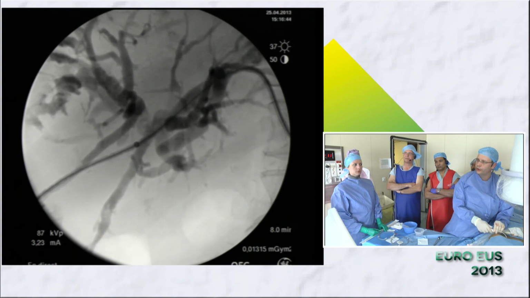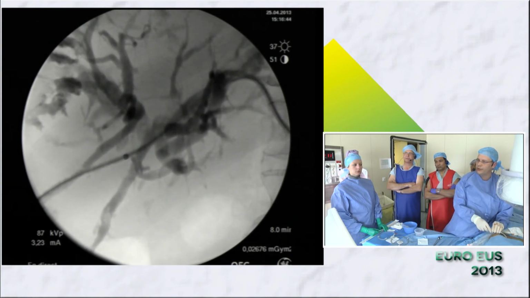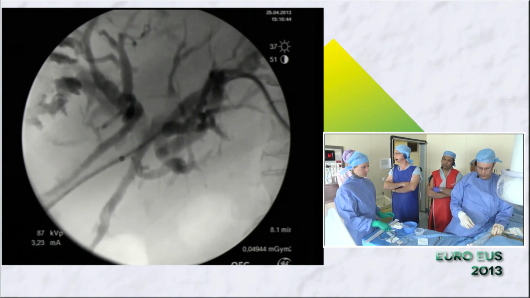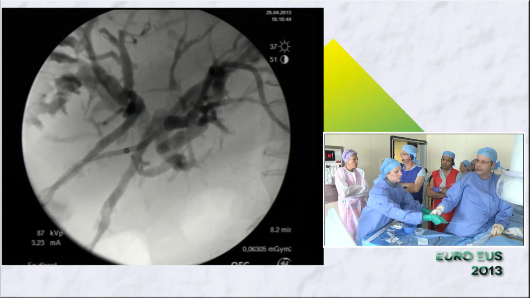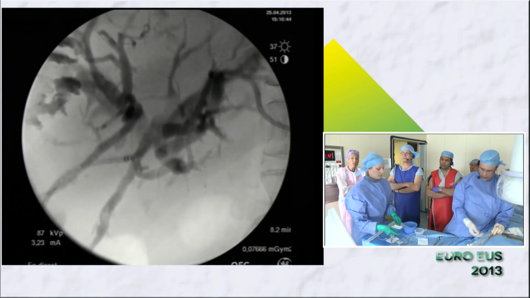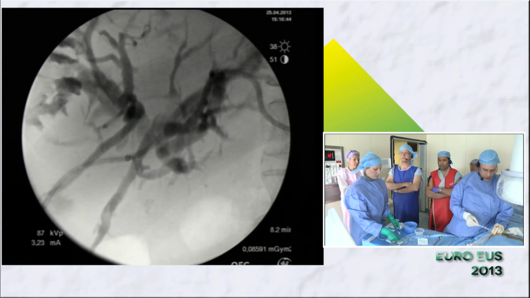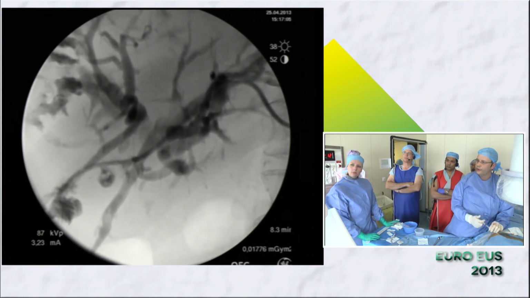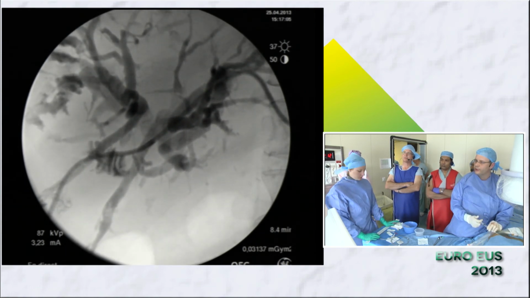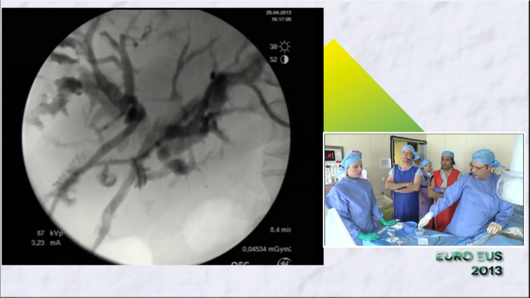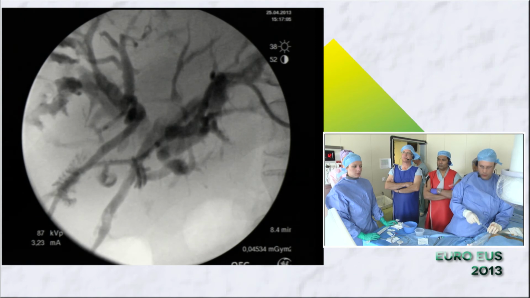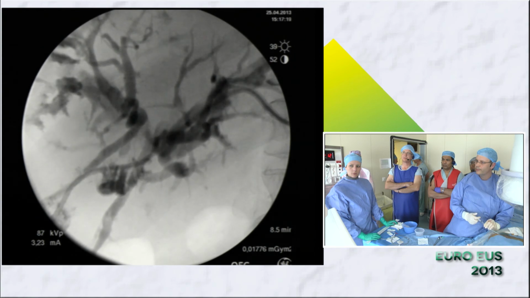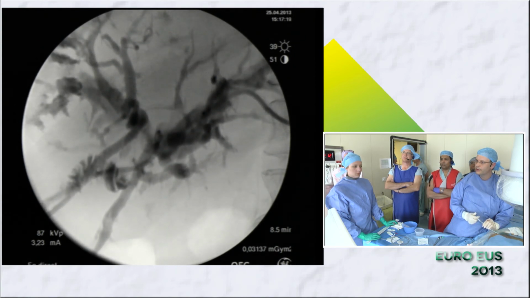So here I place all the side holes inside the afferent loop, and I remove the internal catheter and the guide wire, and I will inject slowly and pull to have a better visualization of the anastomosis, pulling slowly until I have a good cholangiography of the left lobe and to place a guide wire on both sides of the anastomosis.